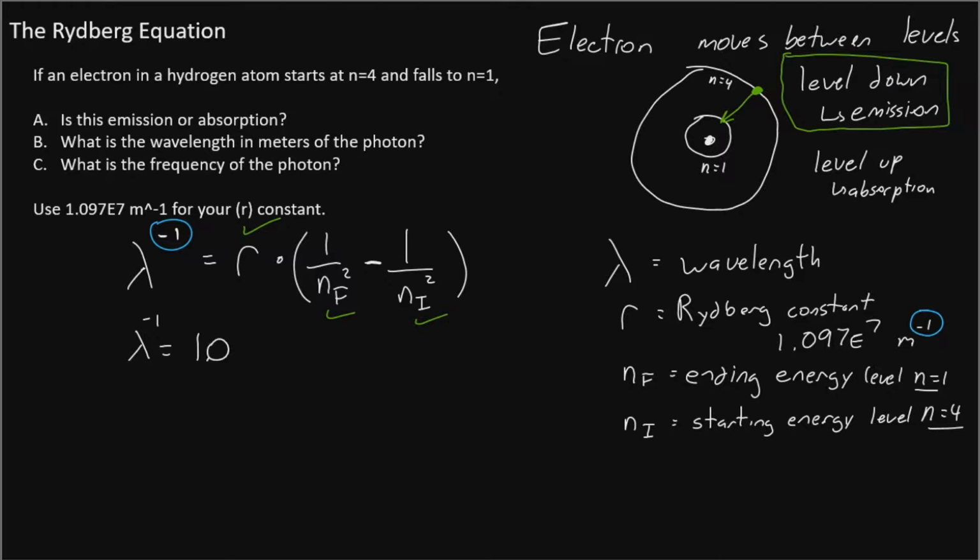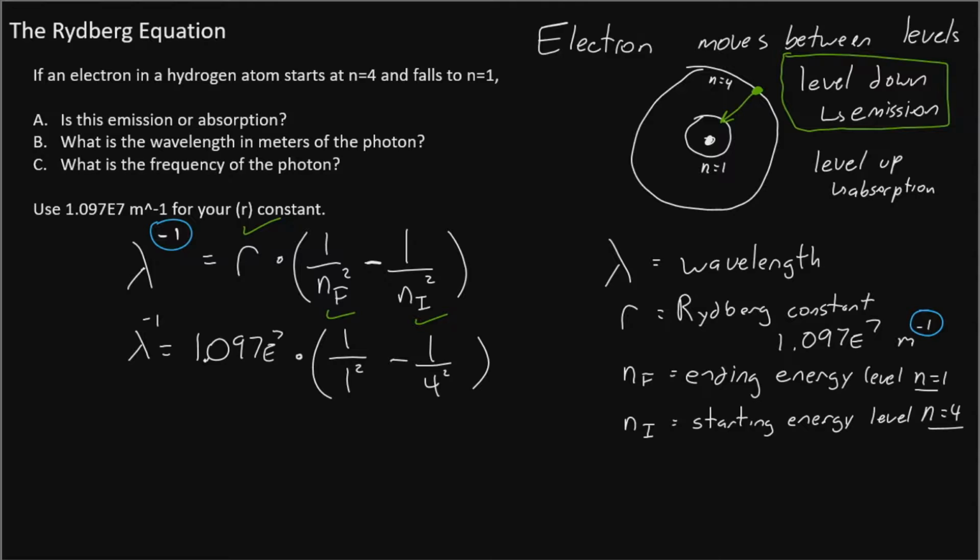R was 1.097 times 10 to the 7th. Multiply by 1 over n final, which was 1 squared, minus 1 over n initial, which was 4, also squared.